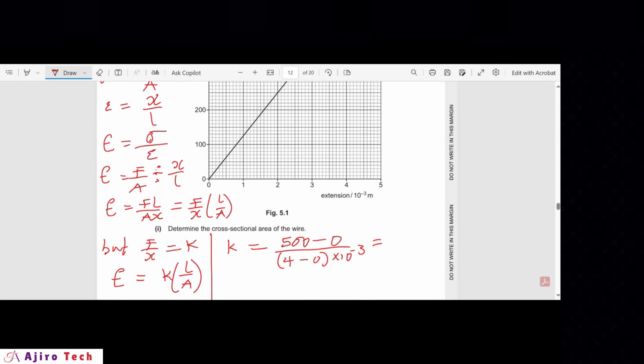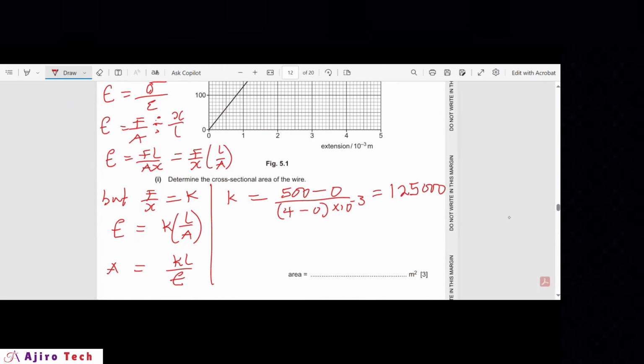So k is 125,000, which is about 1.25 times 10 to the 5. That's our k.